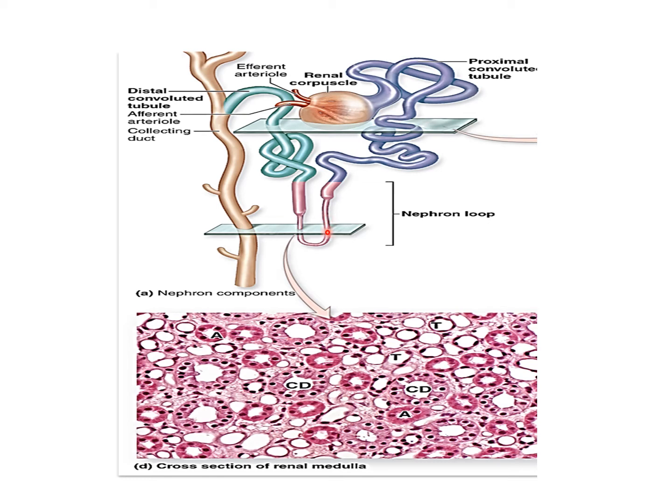On the other hand, there is the thin ascending loop of Henle, and the thin ascending is attached to the thick ascending loop of Henle, and finally there is the distal convoluted tubule.